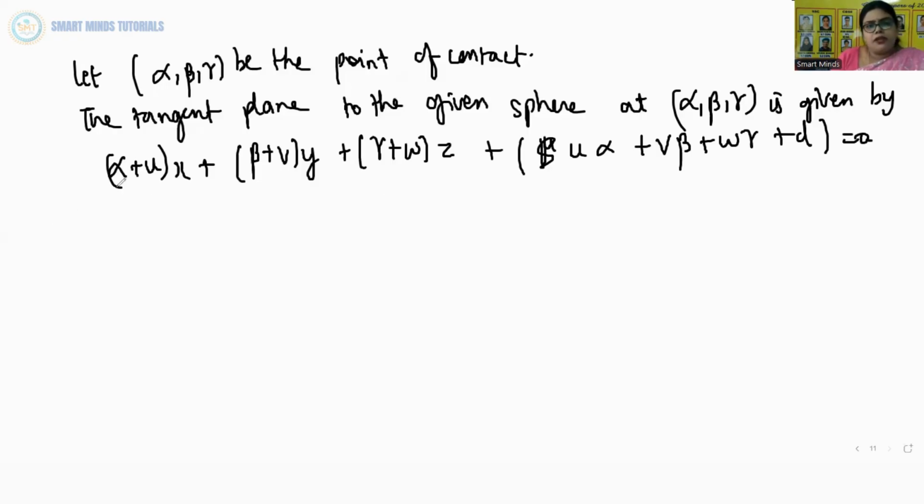This is the tangent plane to the given sphere formula. So what is the tangent plane to the first equation?